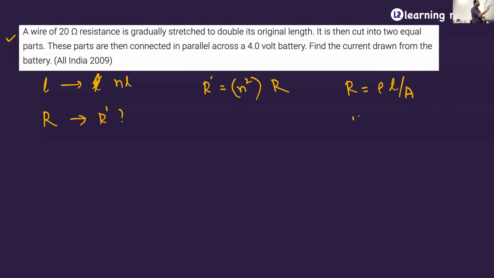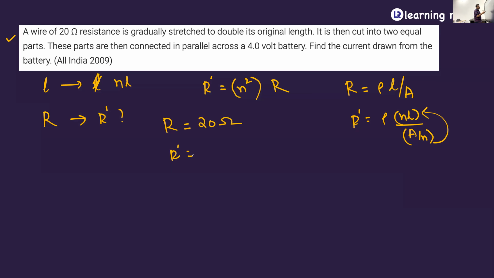So length increases, let's say, by n times, area exactly decreases by n times, so the n will go to the numerator. It will become n square into rho L by A. That is why the final value will be n square times the original value. To put it simple, initial value of R in this problem is 20 ohm. What will be the value of R dash? 80 ohm.